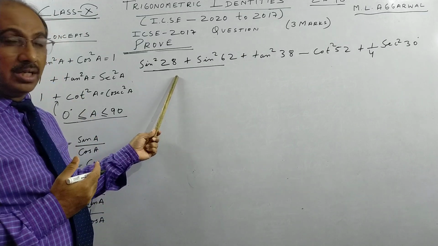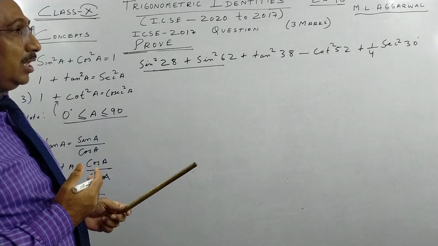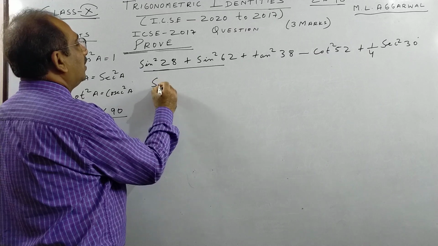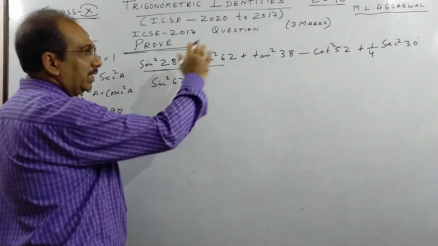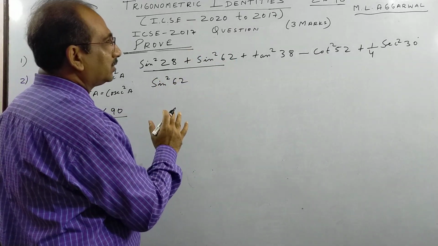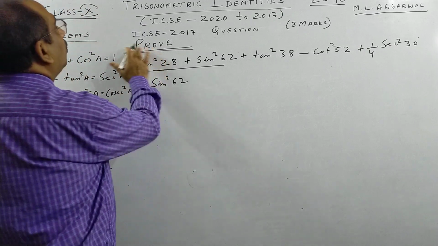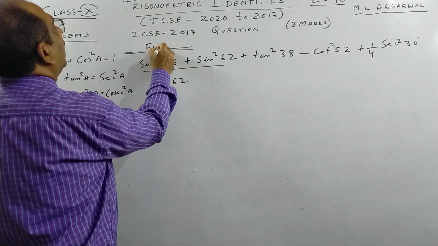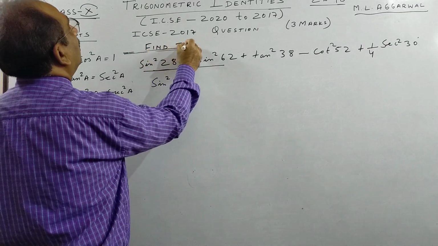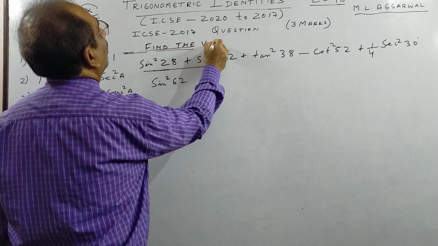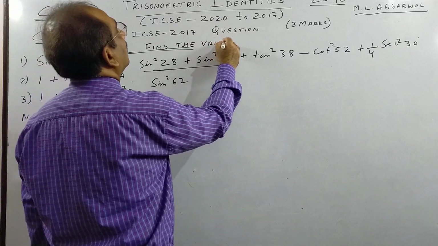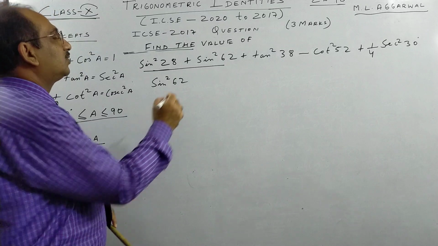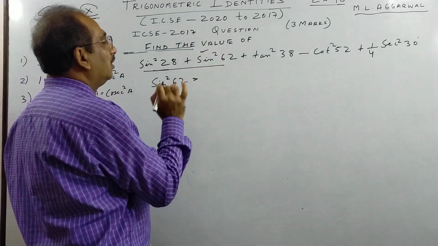Complementary angles, not relation. So that I will use here and here also. See, sine square 62. Before I start, in this question I think we don't have to prove, we have to find the value. So find the value of... So sine square 62, how to write?